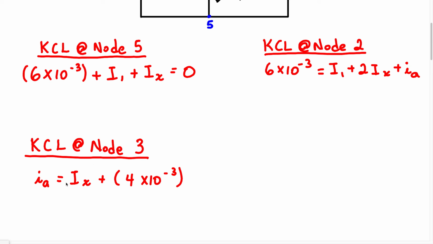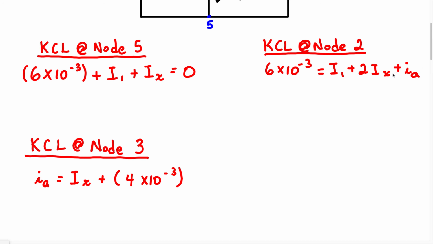Now this is where we have to be able to see what's happening. In this equation, node 2, we have 3 unknowns: I1, IX, and IA. We just wrote an equation where IA was the subject. So now we can substitute in the value of IA into this equation to eliminate one of the unknown currents.